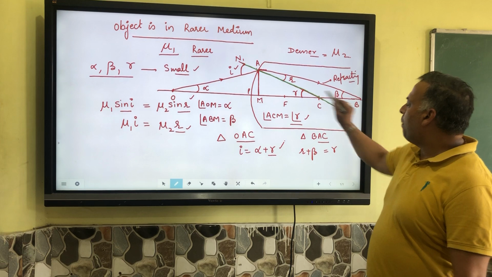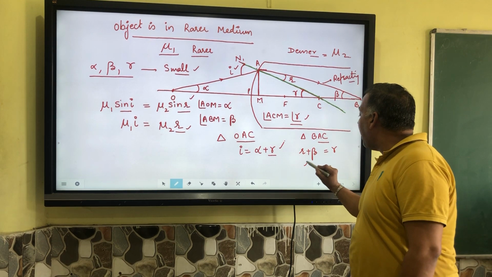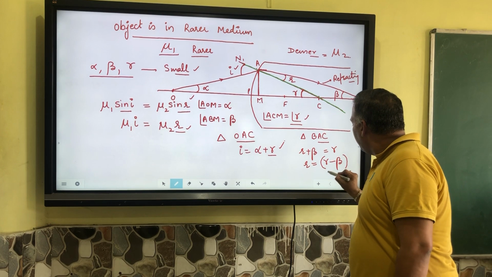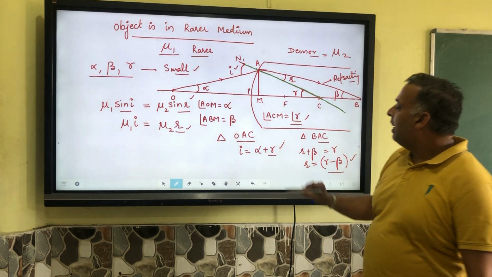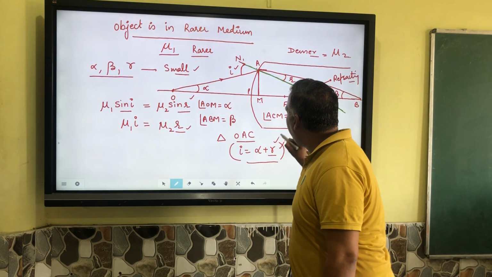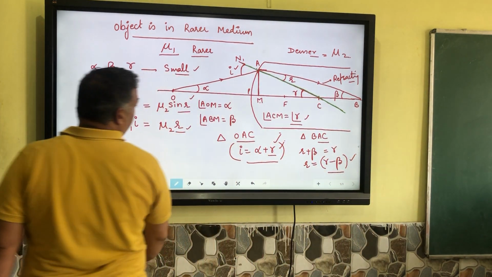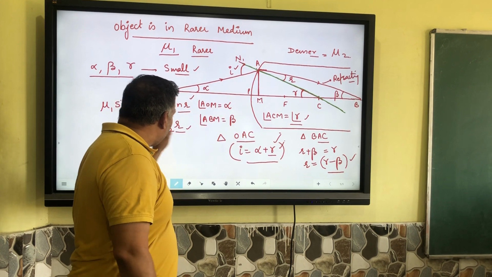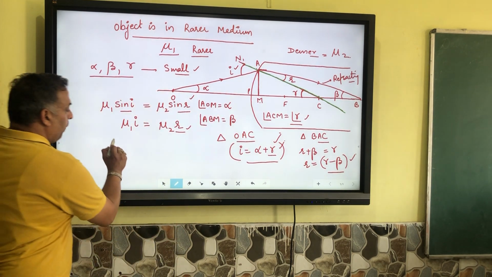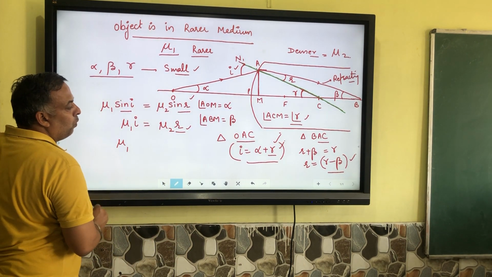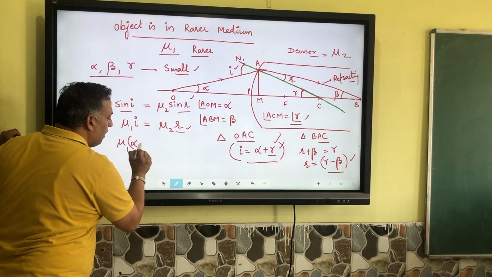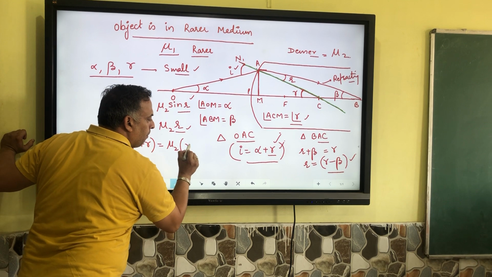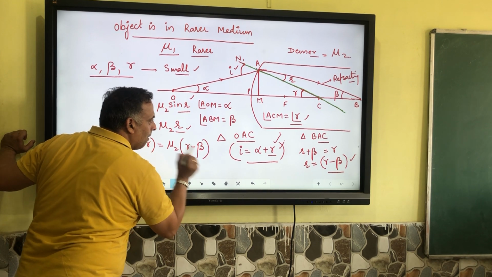So r plus beta is equal to gamma, so r becomes equal to gamma minus beta, and i is equal to alpha plus gamma. Putting the values of i and r in this equation, mu1 into alpha plus gamma is equal to mu2 into gamma minus beta.